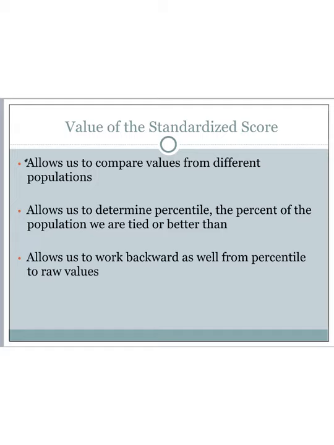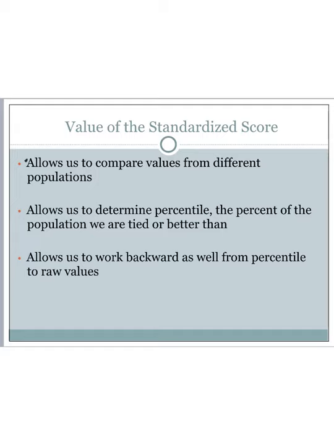Or if you golfed on two different golf courses that had a different par number, you could figure out which round was better by which one had the lower z-score, by which one was proportionally more under par, not just saying 6 under par and 6 under par, which technically has a slightly different meaning if it's 72 or 71, statistically speaking.